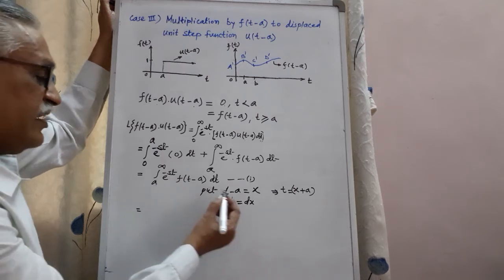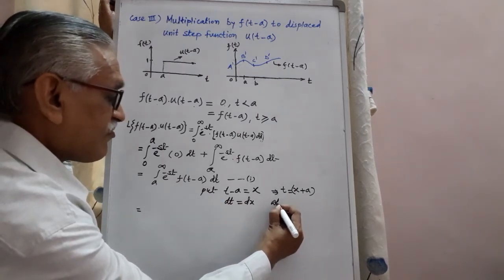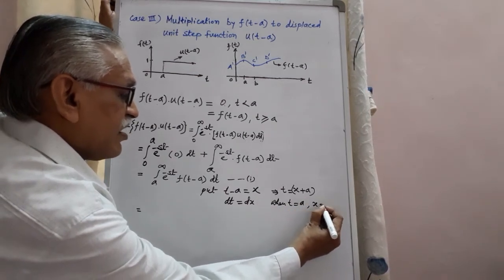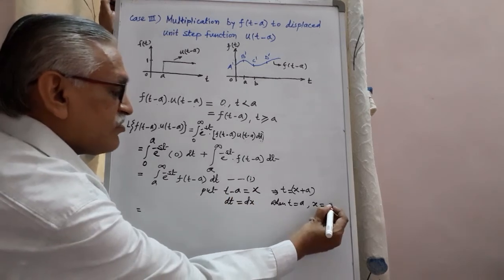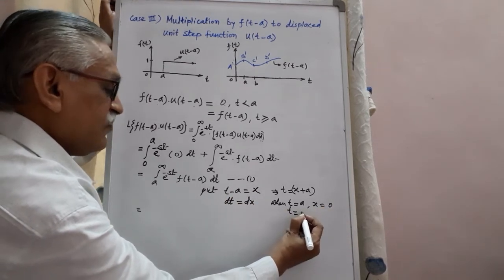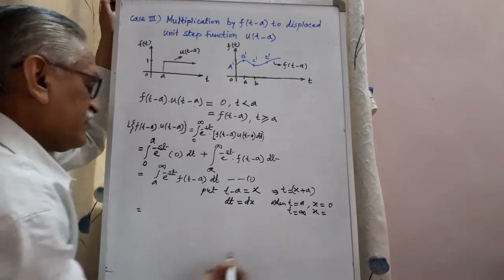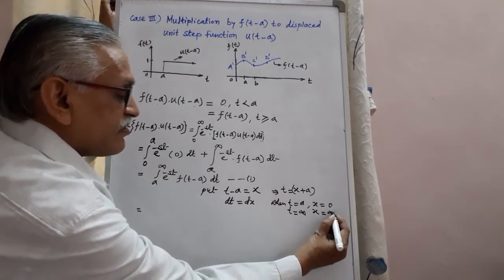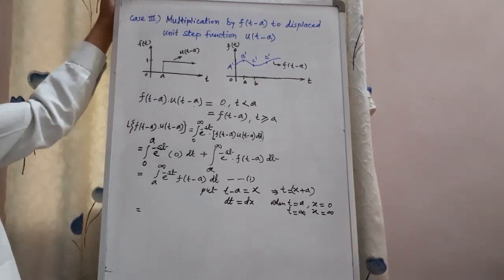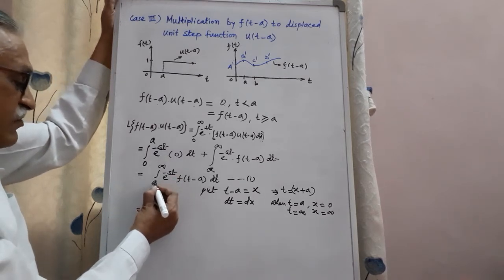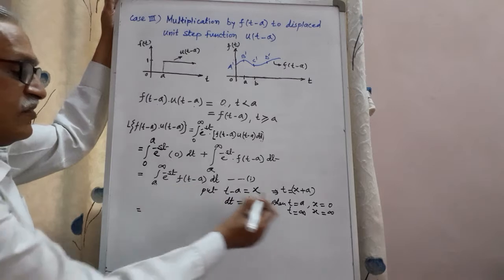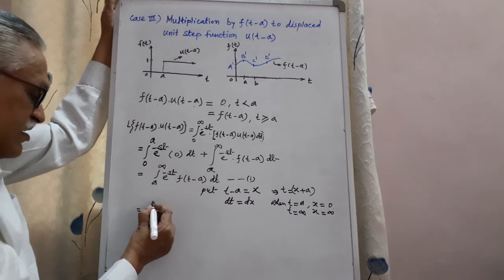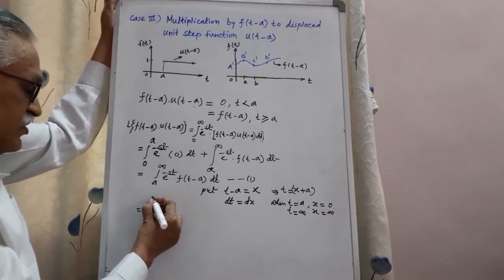When t is a, x is a minus a, which is 0. When t is infinity, x is infinity. Therefore the new limits are from 0 to infinity.